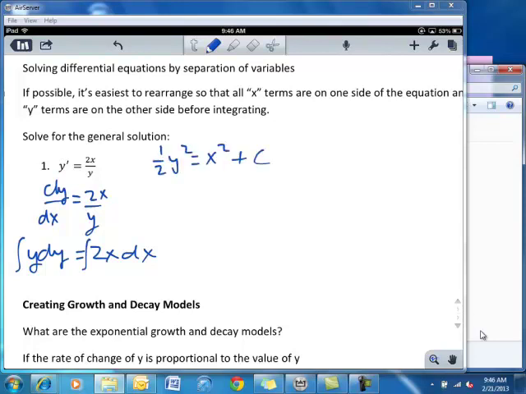And then if we're going to take it to the general solution, we can solve for y. So multiply by 2, and then square root both sides, you're going to get plus or minus the square root of 2x squared, and I'm just going to put plus c. Understand that that's 2c, but remember, if c is an unknown constant, then 2c is also an unknown constant. So it's c.